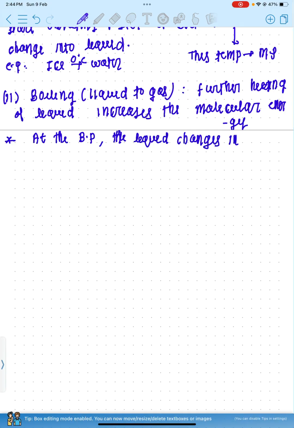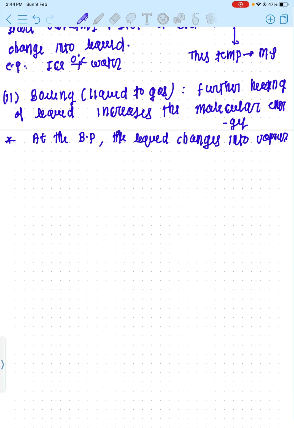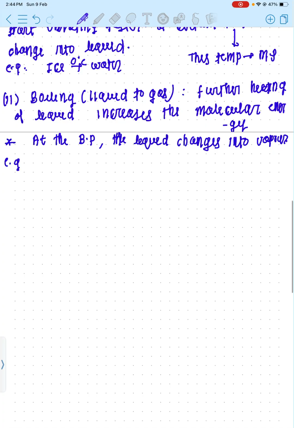Now, for example, we can write: water boils at 100 degrees Celsius to become steam.